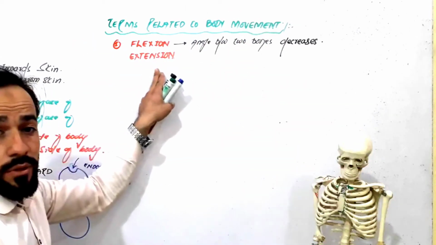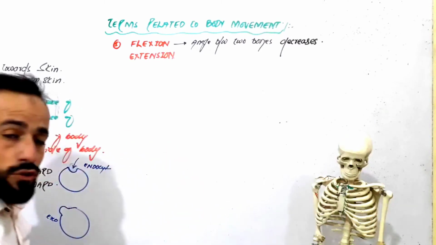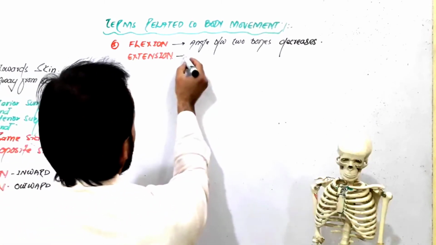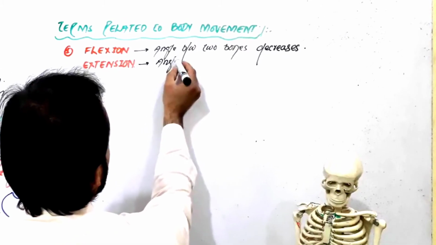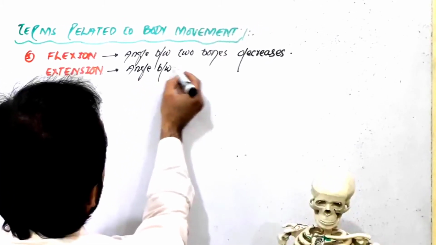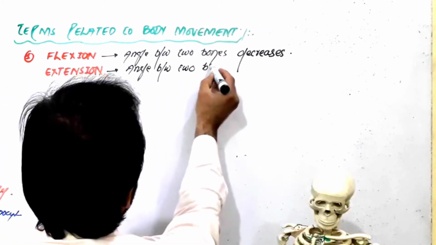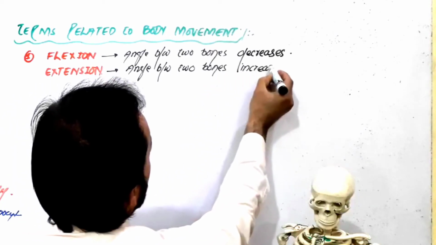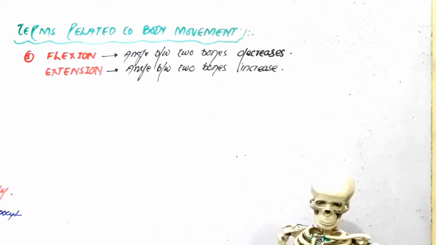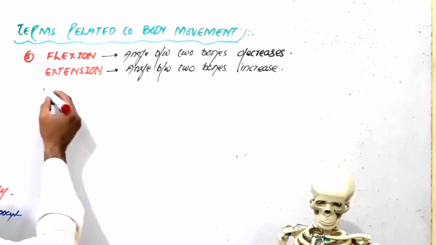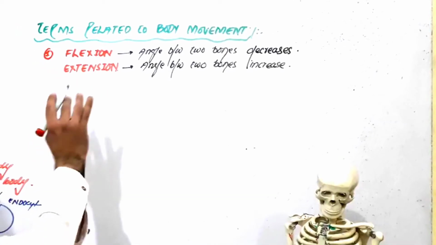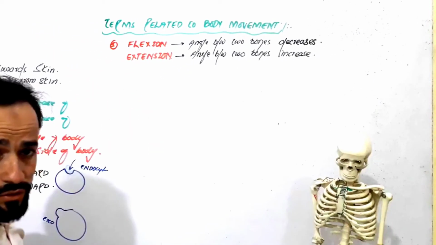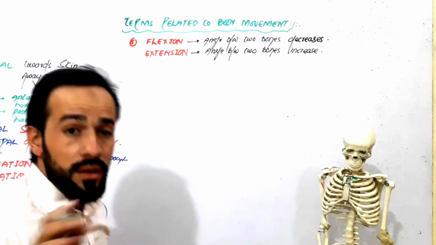So the movement in which the angle between two bones increases is called extension. Clear, friends? Then there is another term related to flexion and extension, that is called lateral flexion.